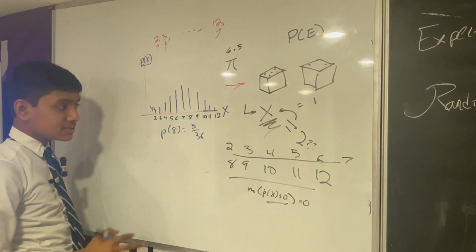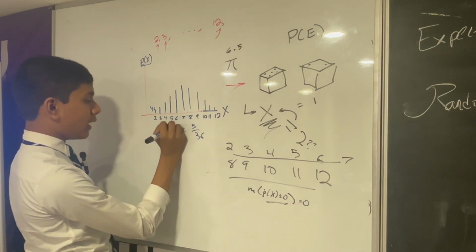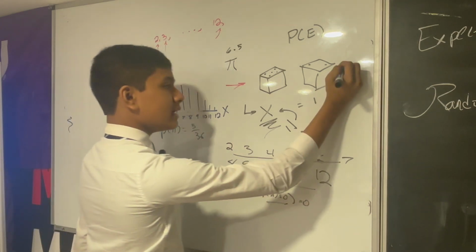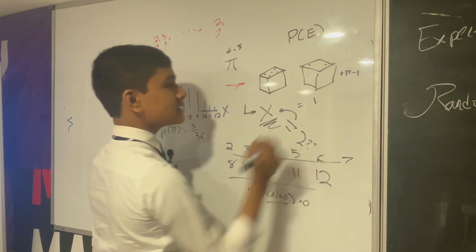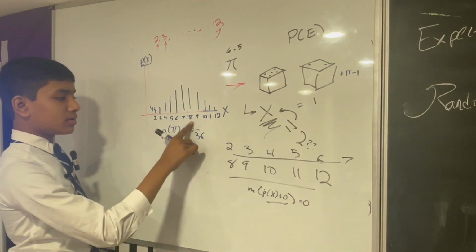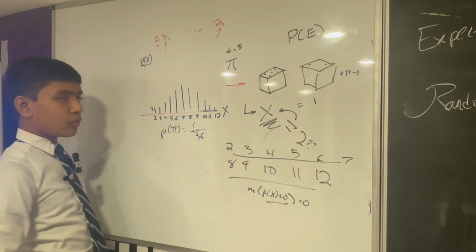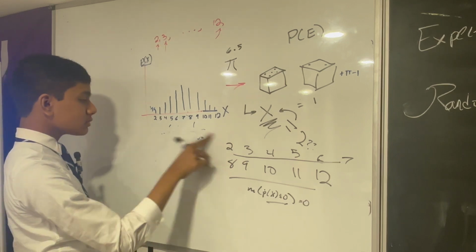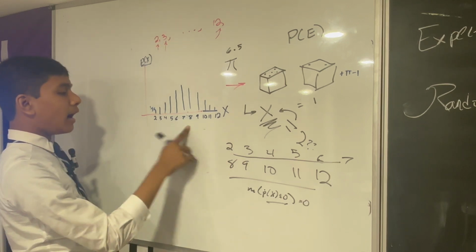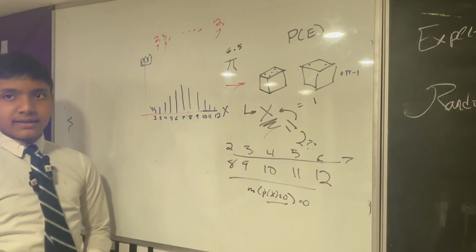Now there are situations where I would be able to tell you pi. For instance, if we added pi minus 1 to every single roll, then that would give you a 1 over 36 chance. But having pi is not the criteria for being continuous.